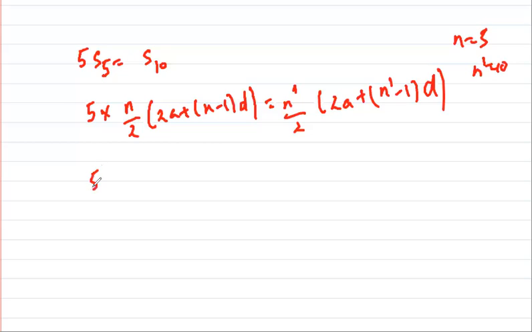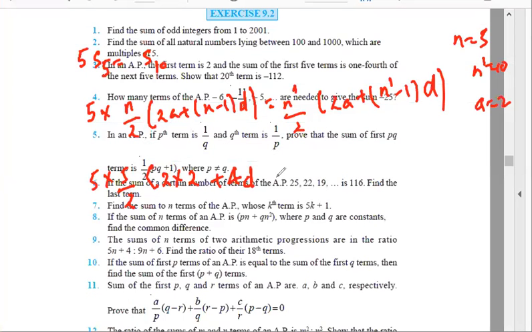So put the value: 5 into 5 by 2 into 2 into a, a is given as 2, plus 5 minus 1, which is 4d, right? Okay, got it? Yes or no?